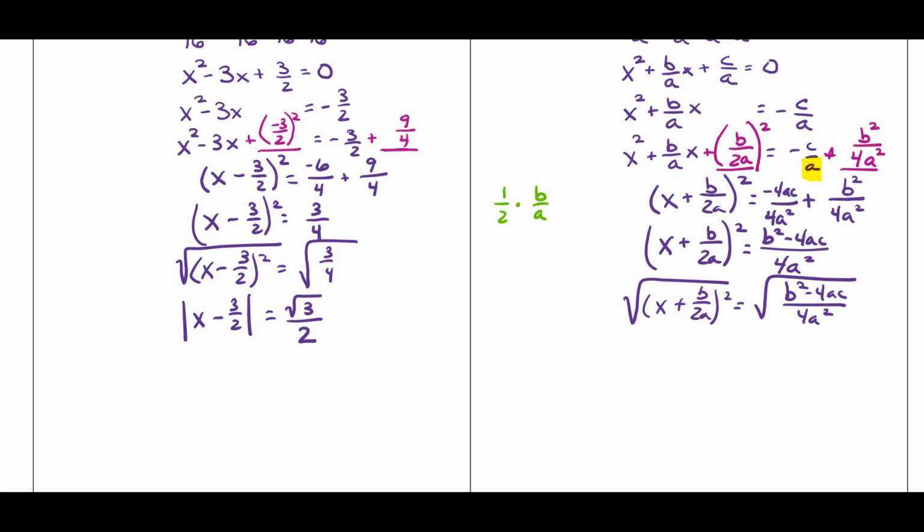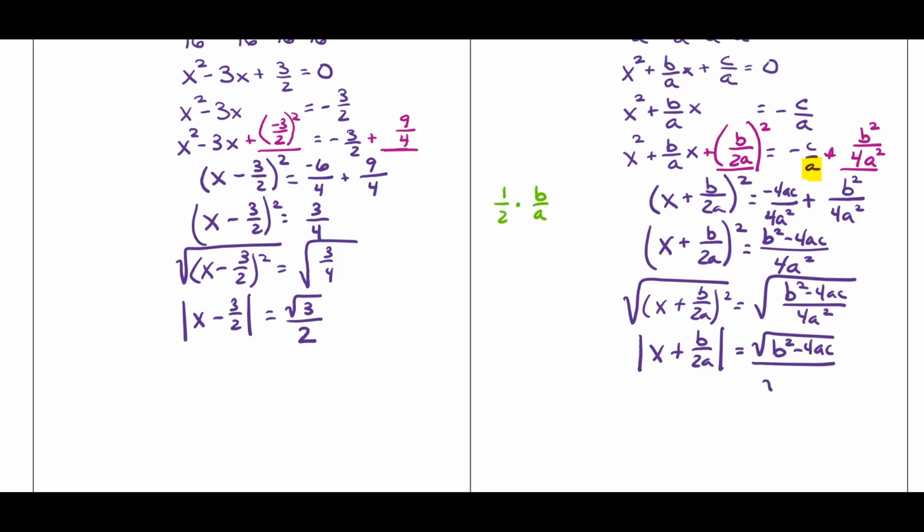Okay, so now on my variables, my deriving problem, same concept. The left side would simply be the absolute value of x plus b over 2a. Now the right side, we can't take the square root of b squared minus 4ac because we don't know what that equals. So we're just going to write it as the square root of b squared minus 4ac.